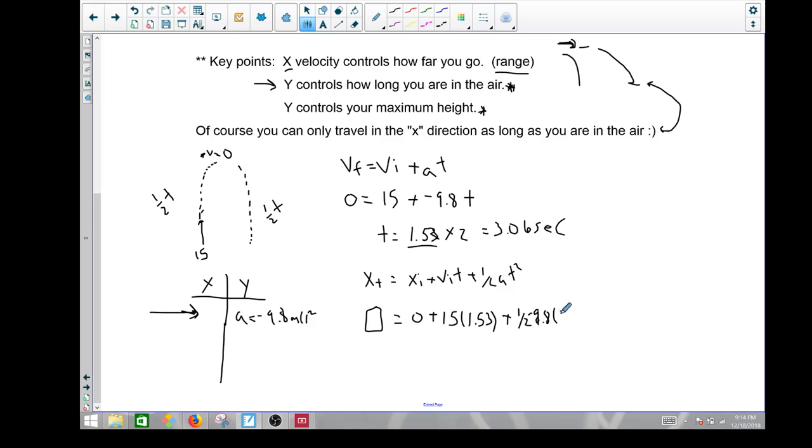time is 1.53 squared. Now again, mathematically here, don't complicate things too much. Alright, do the math for this guy first. 15 times 1.53 equals 22.95. This component's going to be negative because I have that negative right there. So it's going to be 1.53 squared, and then I'm going to multiply that times 9.8 times 0.5.